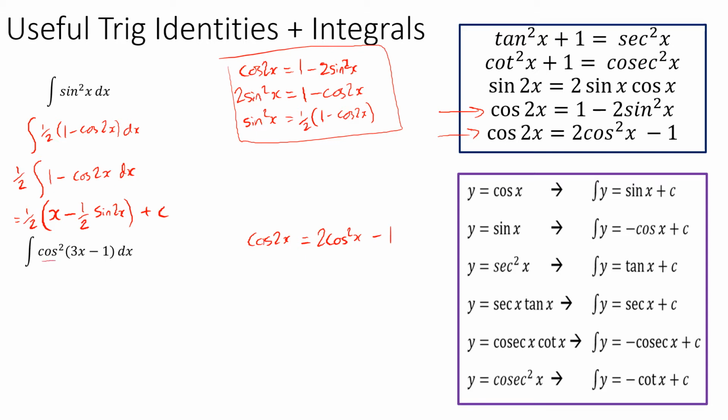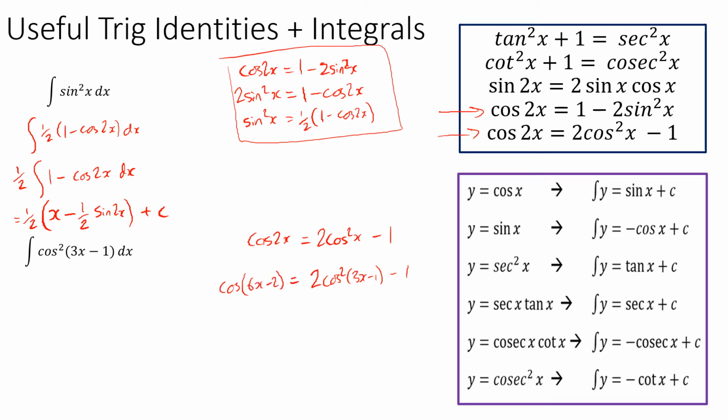We want a cos squared of 3x minus 1. So we're going to have to change all of the x's into 3x minus 1's. So 2 cos squared 3x minus 1. And then, because that was x, this is 2x, so it's going to double on the other side. We'll have cos of 6x minus 2 is equal to that.